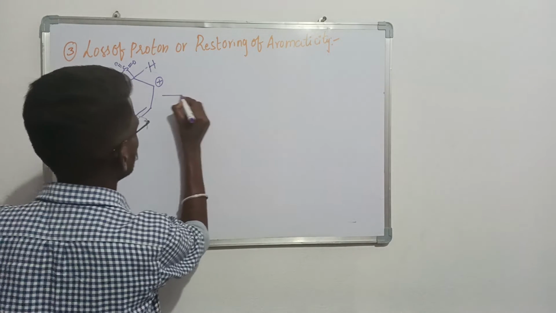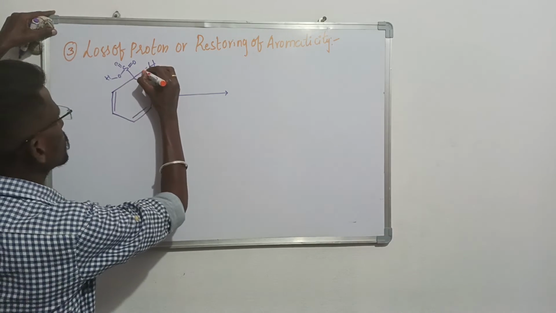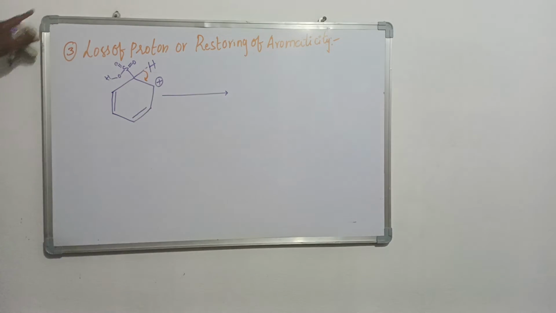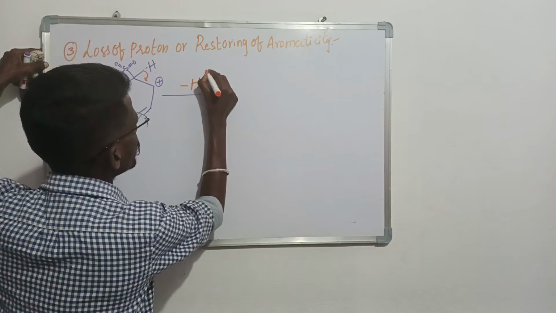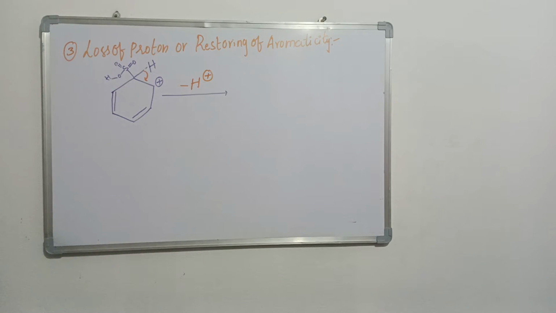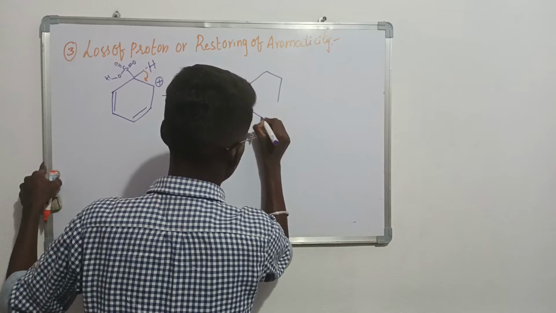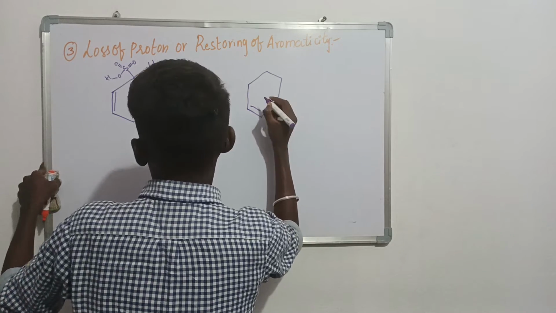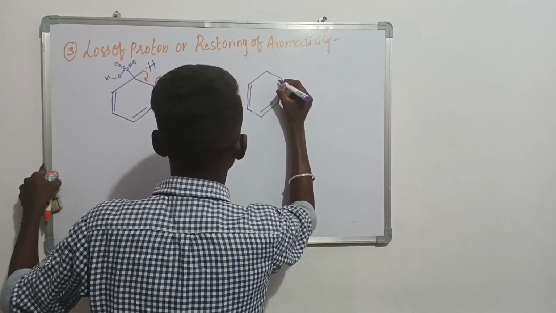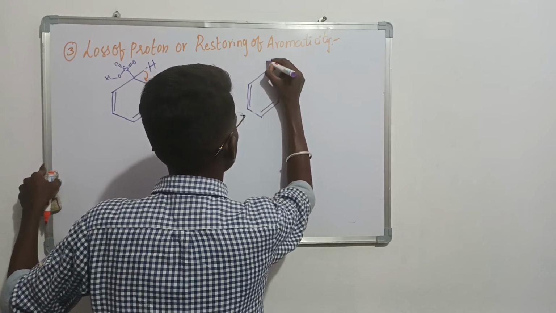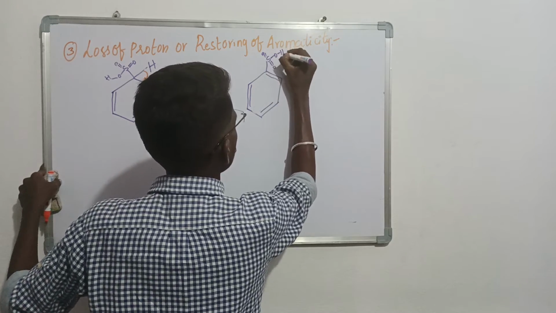Then it loses one proton. By shifting of electrons to this side, it loses one proton and is converted into benzene sulfonic acid, S double bond O, OH.